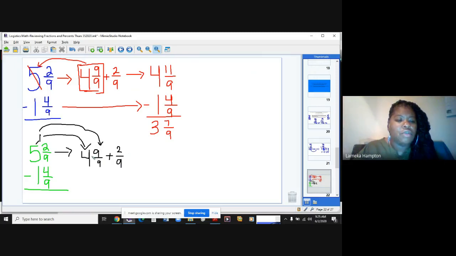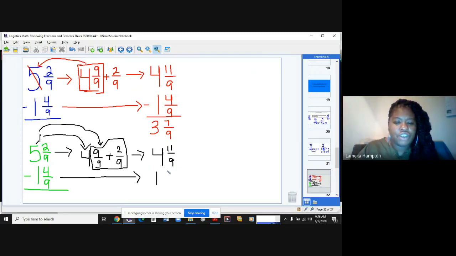Again, now I'm going to simply add these two fractions together. Okay? So when I do that, that is going to give me my 4. And then 9 plus 2 is 11. And I'm going to keep my denominator of 9 the same. Now I'm going to simply move over my 1 and 4/9 fraction.